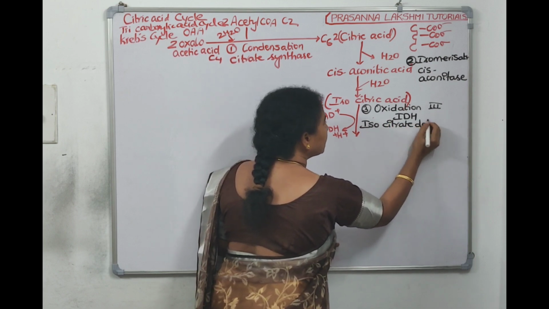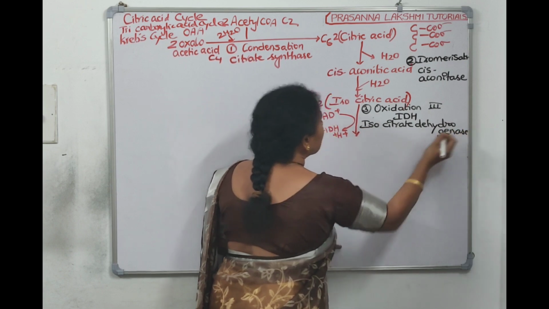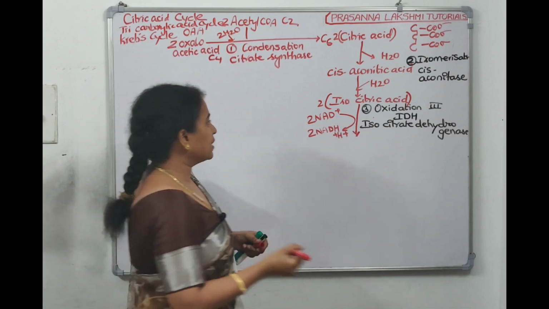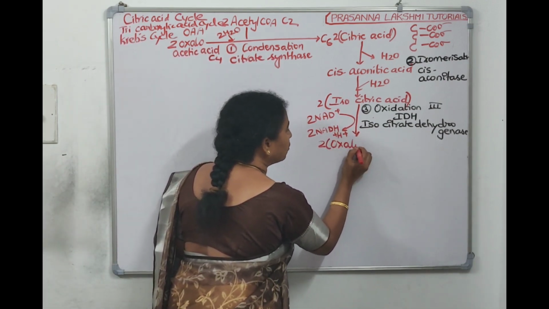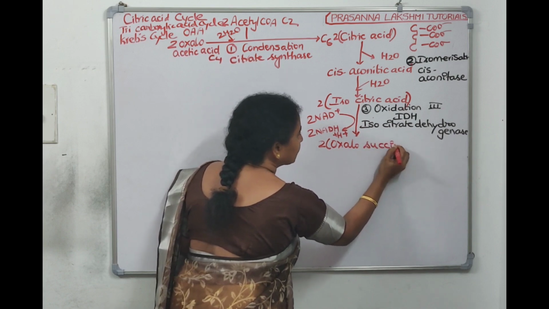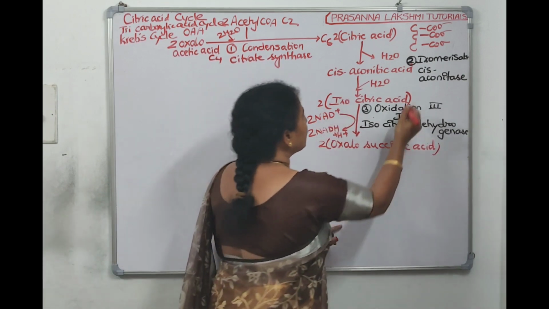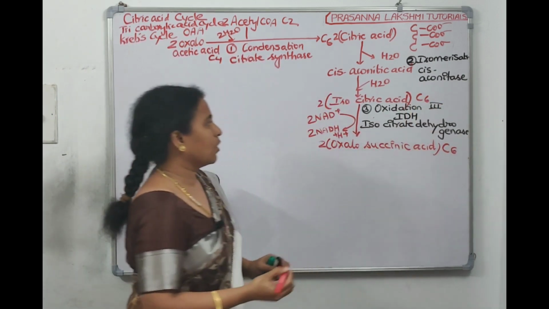Now we are going to get an acid called oxalosuccinic acid. So 2 molecules of oxalosuccinic acid are formed. Isocitric acid is also a 6-carbon acid. Oxalosuccinic acid is also a 6-carbon acid.